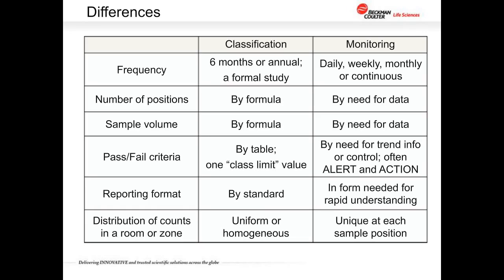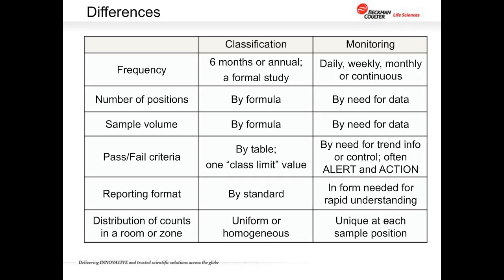Is it still appropriate for the use? And in that way, there's no formula for that. It's mainly a matter of looking at the data that is needed to understand that level of concentration of particles. Same with the sample volume. It's really defined by the need for information, the sense of risk, perhaps. And there are often controls set up that are based on commonly called alert and action levels.